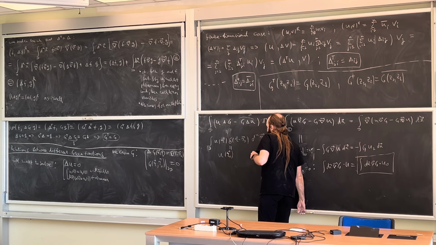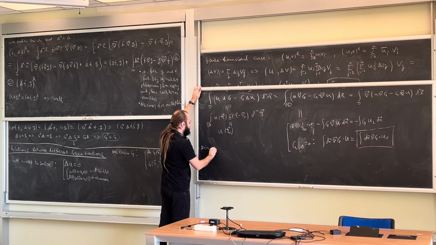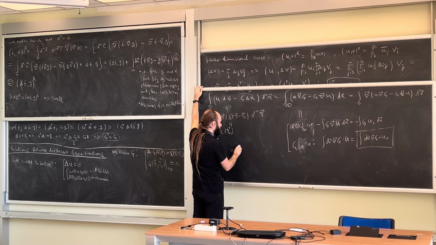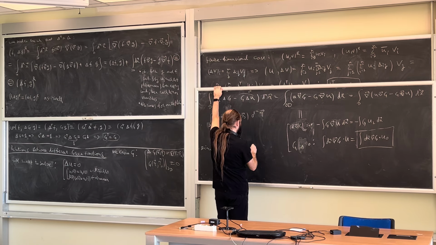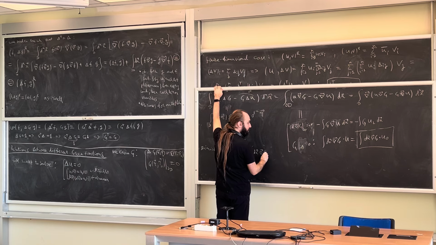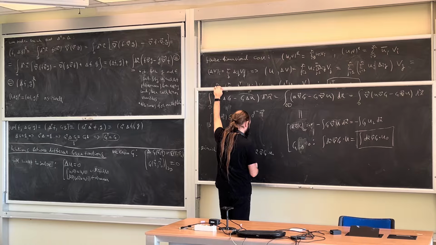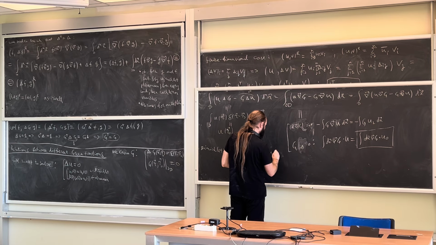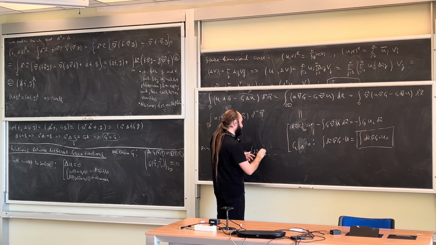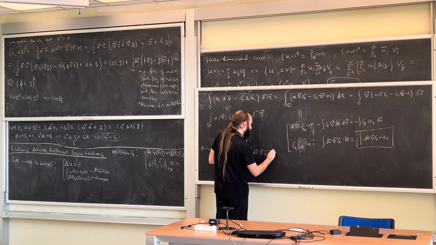Comparing this, we know that u of r0 is equal to the integral over dn gradient of g times u0, the integral over the boundary of u0 of r, and the gain function is of r, r0.